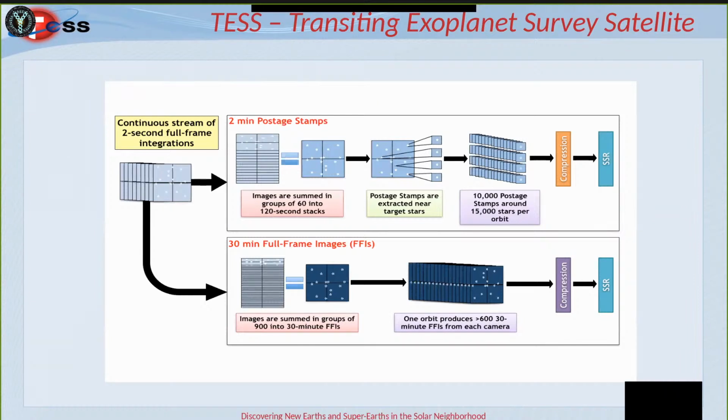Okay, so let's talk a little bit about the data acquisition. We know the pointing of TESS. We know that it has a very, very large field of view. In total, if we sum up everything, the field of view is around 650 square degrees per camera, which means that if you multiply it by 4, you will get a number of something like 2,800, which is almost 7% of the sky.